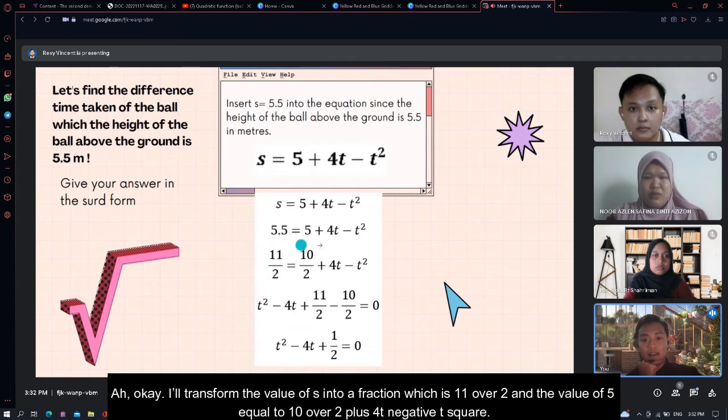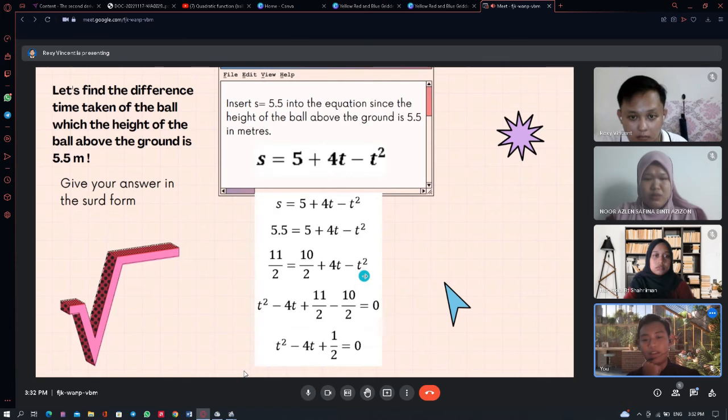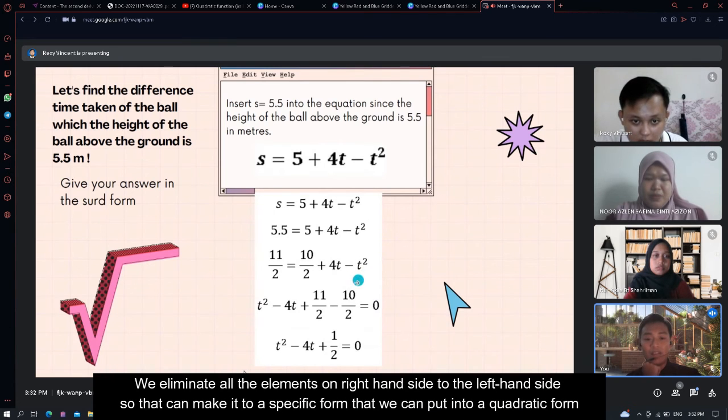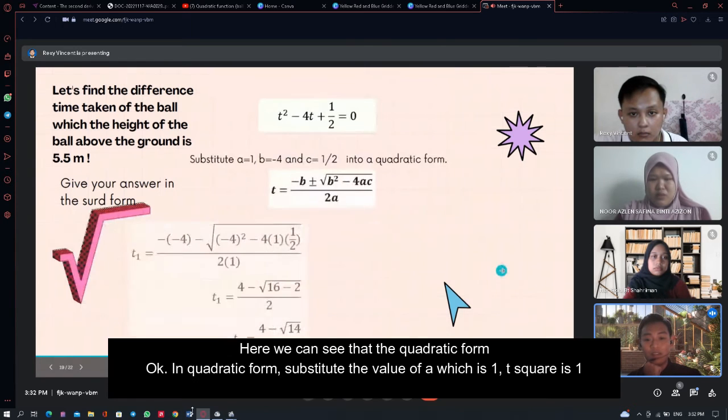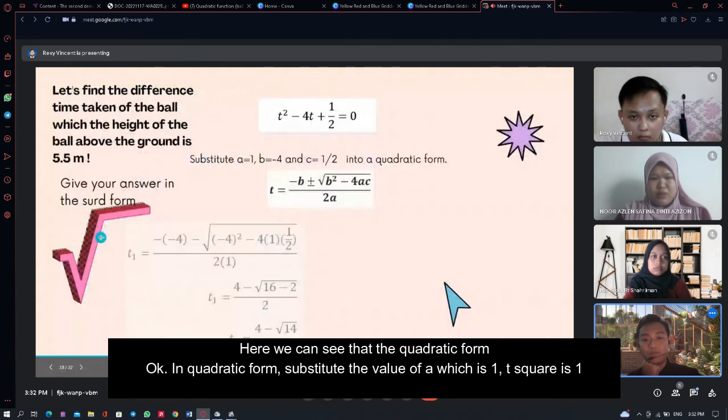Okay, I transform the value of 5.5 into a fraction, which is 11 over 2, and then the value of 5 equals 10 over 2 plus 4t minus t squared. Okay, I move all the elements on the right hand side to the left hand side so that we can put it into quadratic form. Here we can see the quadratic form.